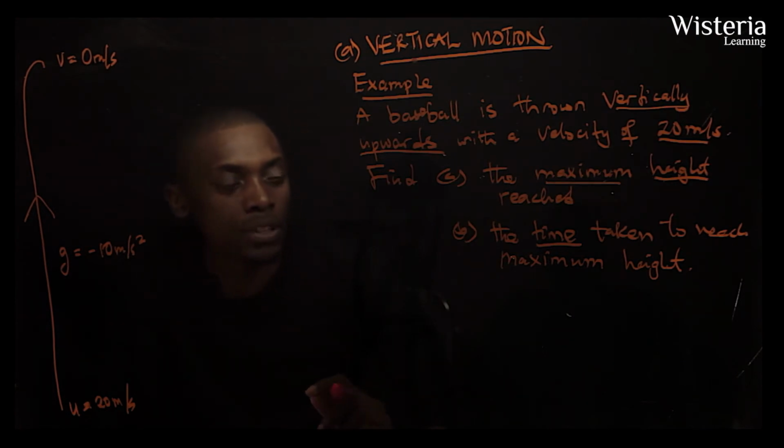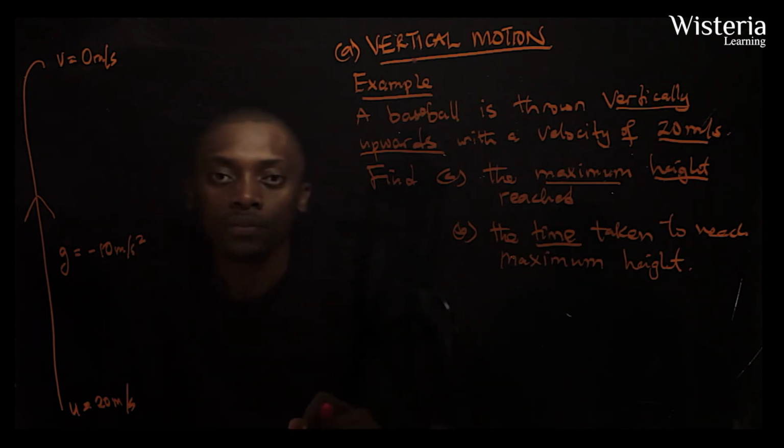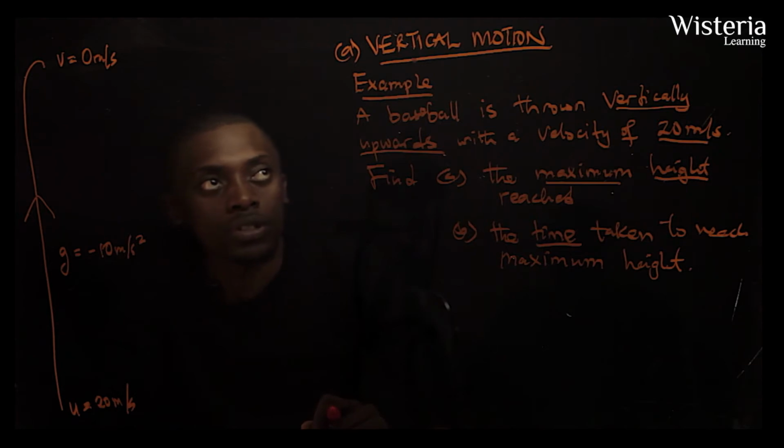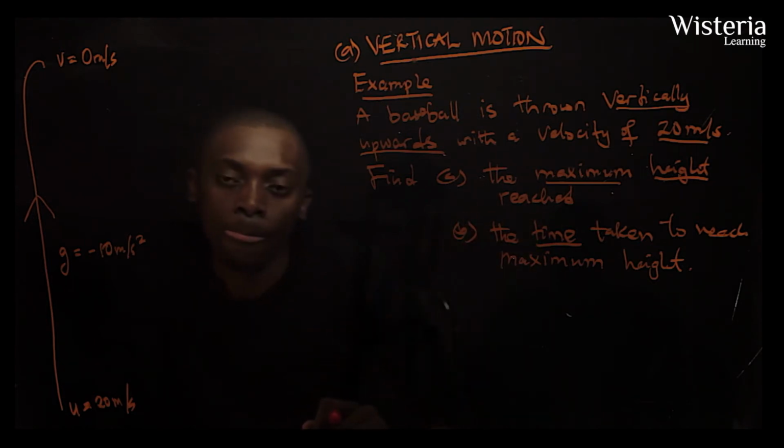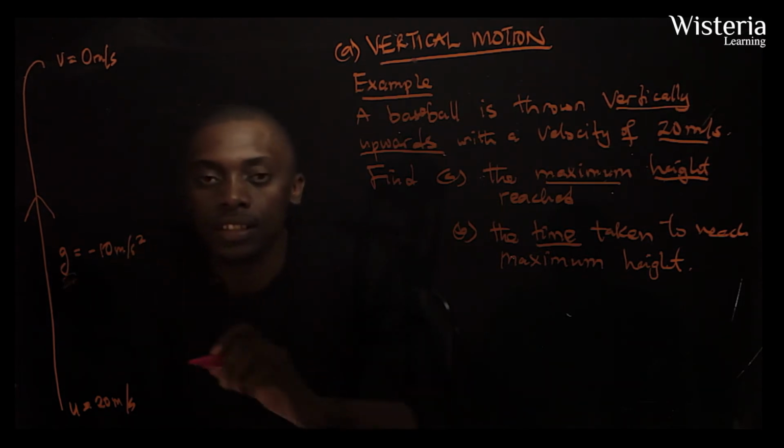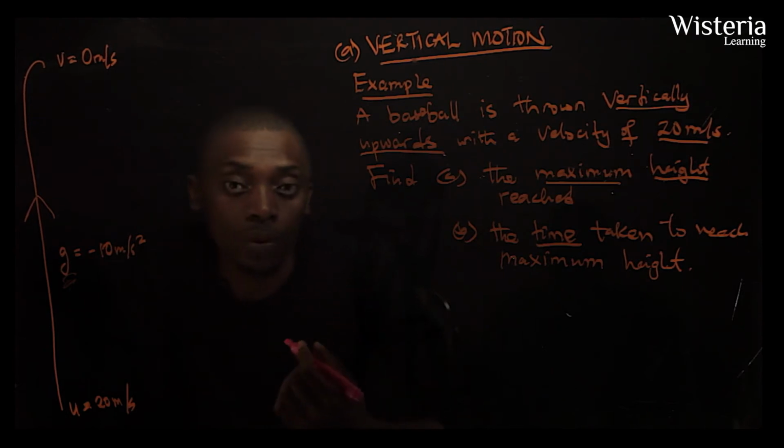In order for us to calculate the height, we have the linear motion equations that we discussed in our previous lessons, 4 of them in total, which can help us with such questions since we know that the acceleration is uniform.